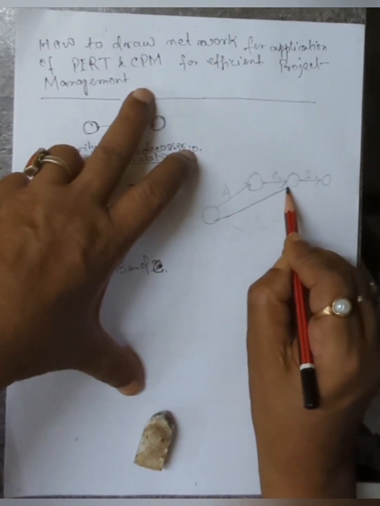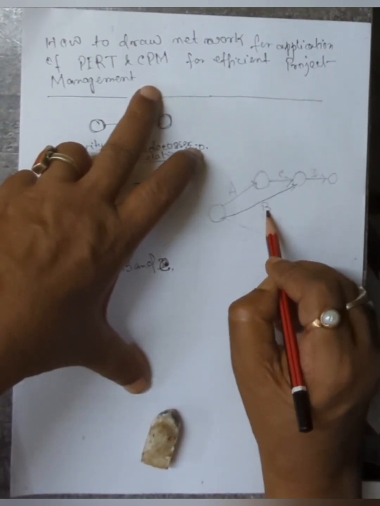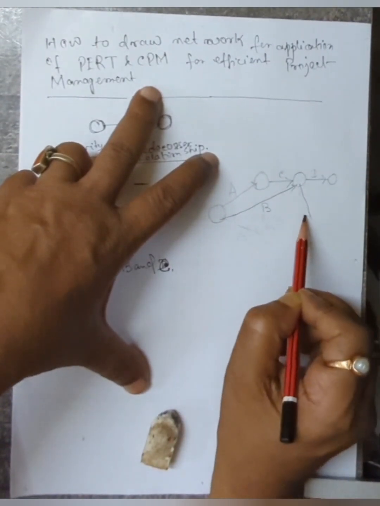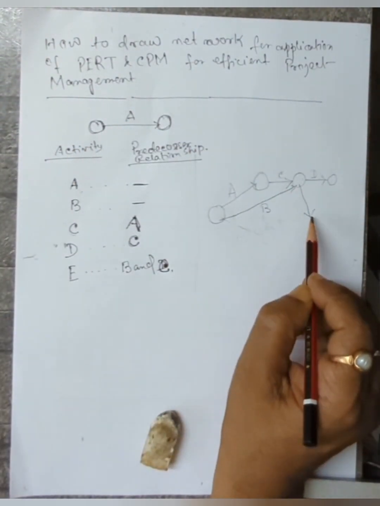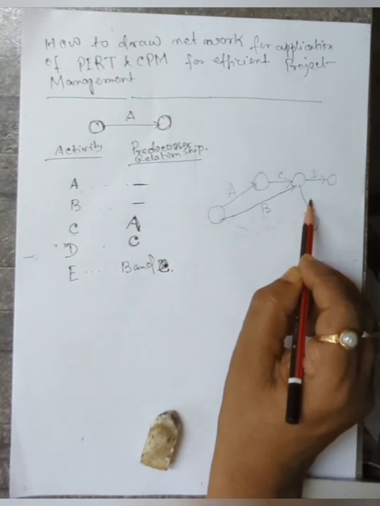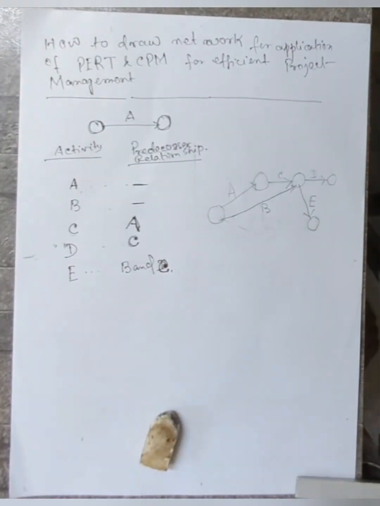You complete the activity B and C, the previous activities, then you can start the activity E. This is all about the drawing of this network.